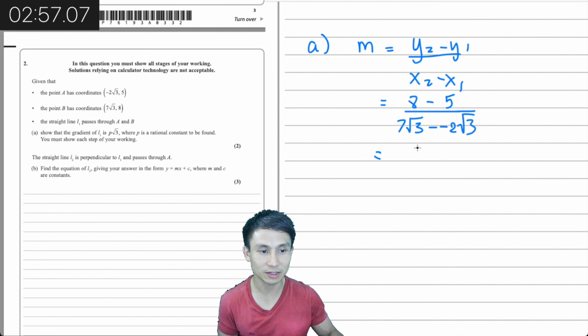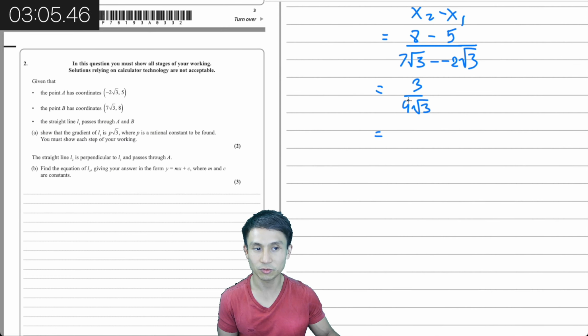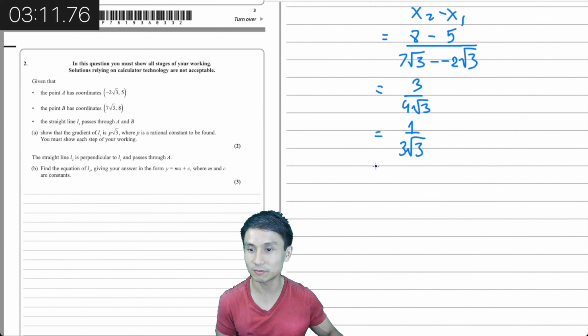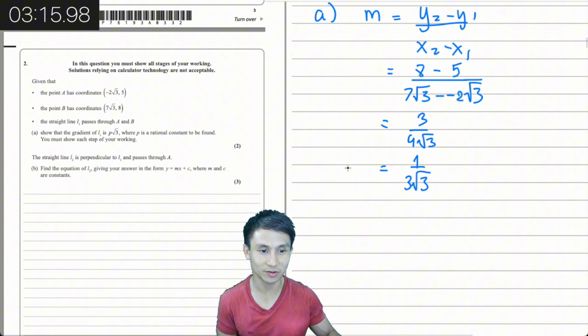So that simplifies to 3 over 7 add 2 is 9 root 3. Or, the 3 canceling 9, we get 1 over 3 root 3. So that's fine. We're just going to keep it like that first. Don't need to simplify yet. And oh, that's already the gradient. So the gradient of L1 is that.